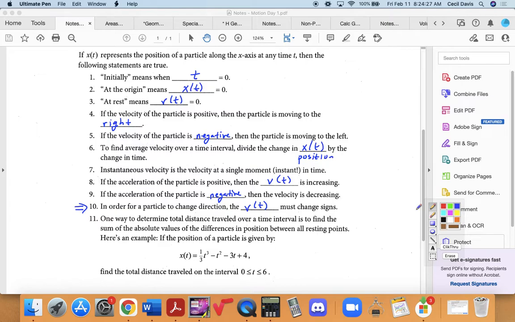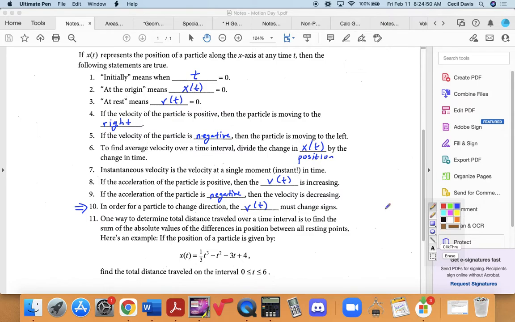Couldn't the acceleration also have to change sign? If it changes sign, you can still be moving on. You can have the velocity change sign without the acceleration changing sign. But wouldn't changing the sign of acceleration eventually change the sign of the velocity?